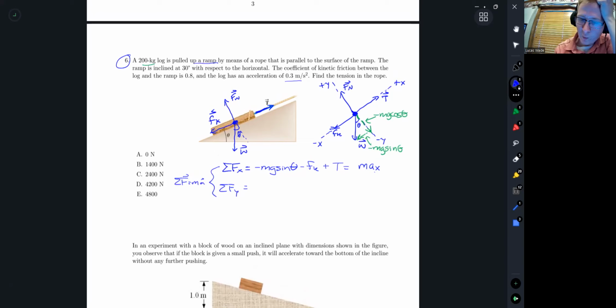Okay, so what about the y direction? What forces? Negative mg cosine theta. And again, the negative is because it's going in the negative y direction. Sometimes I've written that as plus a negative since we're technically adding forces.